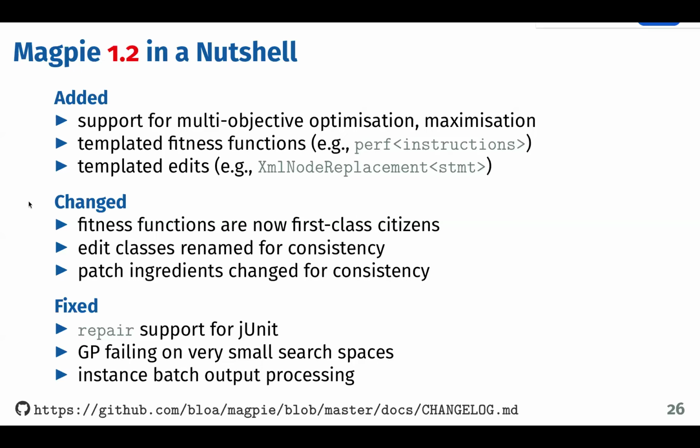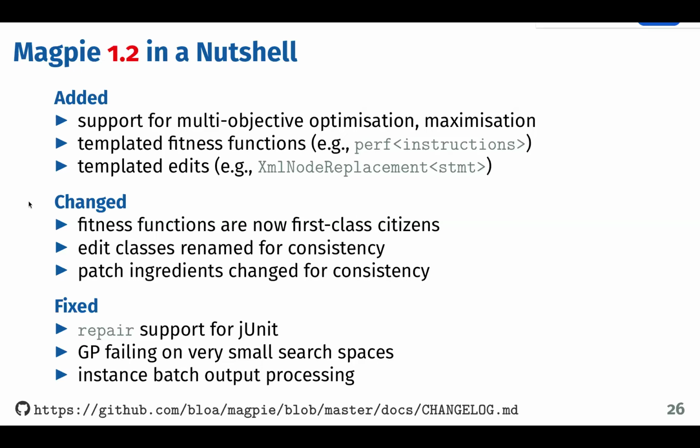And I introduced templated fitness functions and edits, so you don't have to write Python code to have a new fitness function, for example, for perf or for types of replacement for XML. Before that, you needed to write them in Python code to give to Magpie. Now you can simply write that in your scenario file.